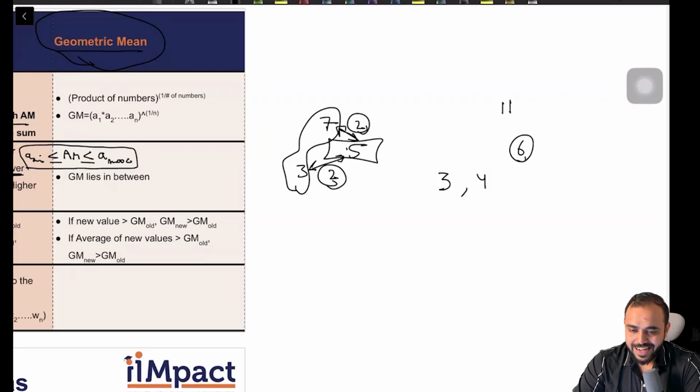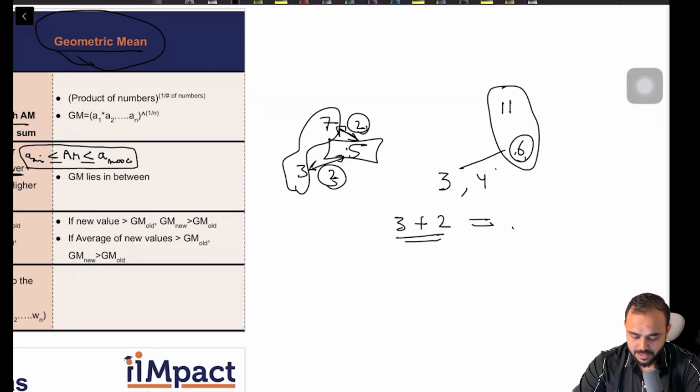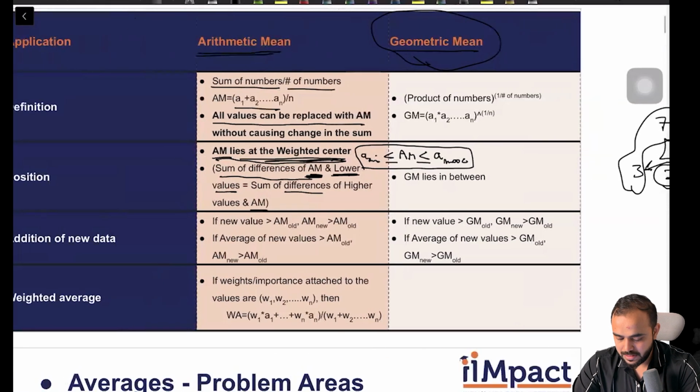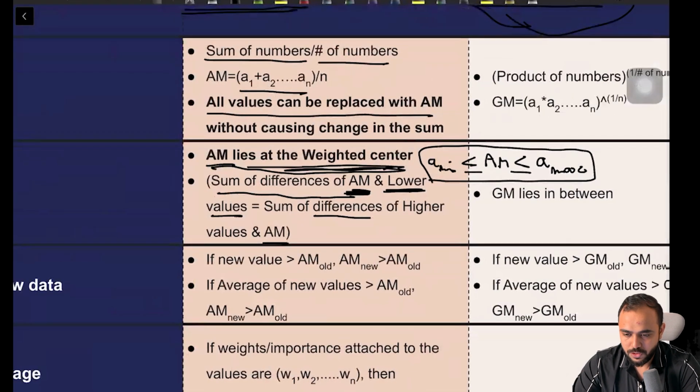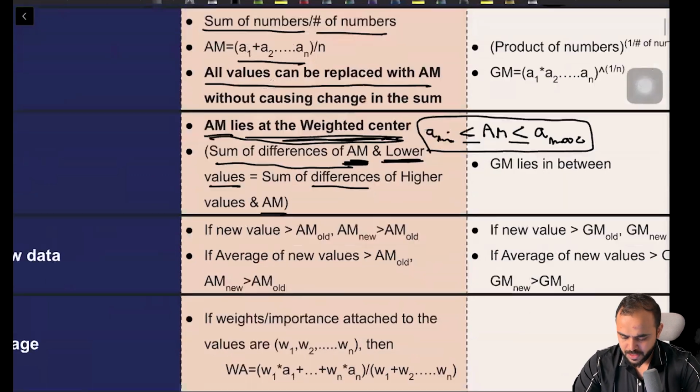Now, the negative differences are 6 minus 3, that is 3, plus 6 minus 4, that is 2. The positive differences are 11 minus 6, which is 5. And yes, 3 plus 2 is equal to 5. So again, this is a property which we will shortly see how to use. This exact property is something which you all know as allegations within the mixtures part. This is what mixtures essentially is all about.